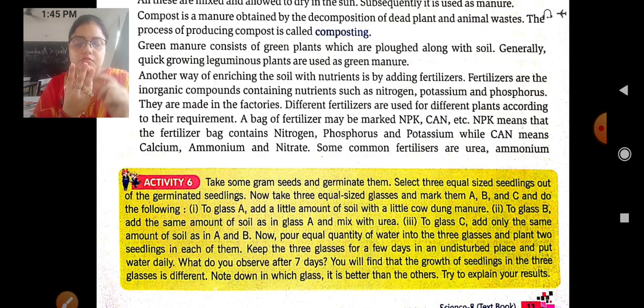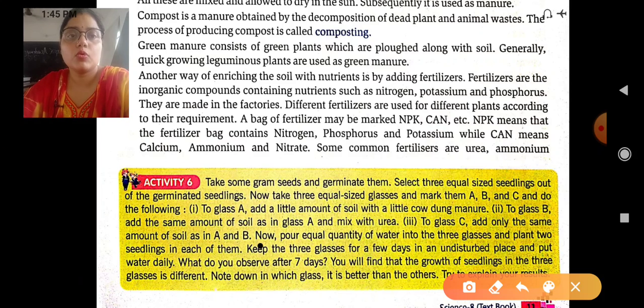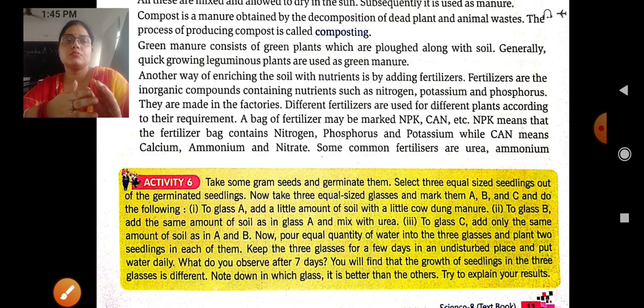The same amount of soil is used in glass B also, but this time you use urea, which is easily available in the market. In glass C, you use only the amount of soil used in A and B. Now pour equal quantity of water into the 3 glasses and plant 2 seedlings in each of them.